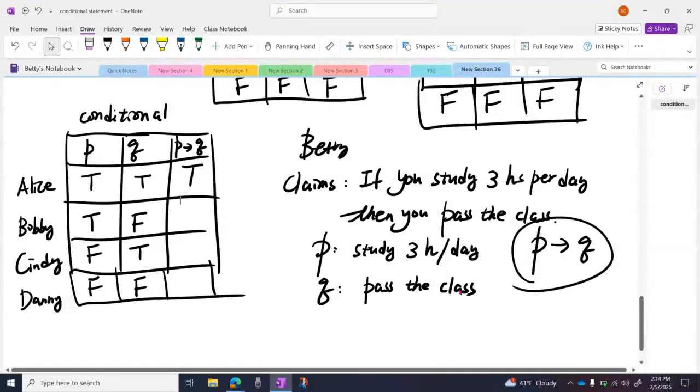However, by the end of the semester, he did not pass the class. What do you think Bobby will feel about Professor Betty's claim? He will be angry with me, right? He will not be happy. He will say, Professor Betty, you said if I study 3 hours every day, I pass. I did study 3 hours every day, but I did not pass.